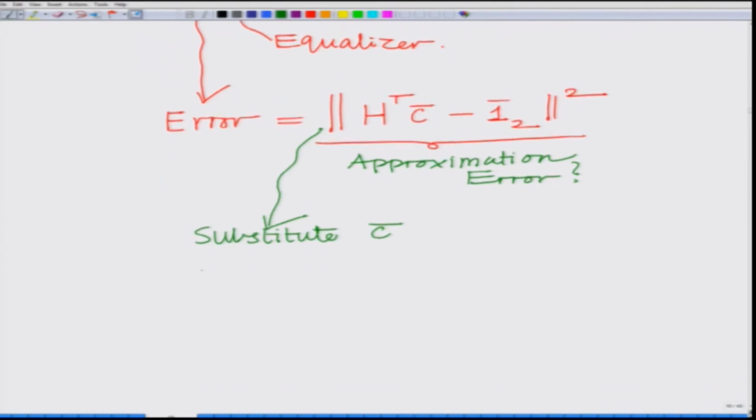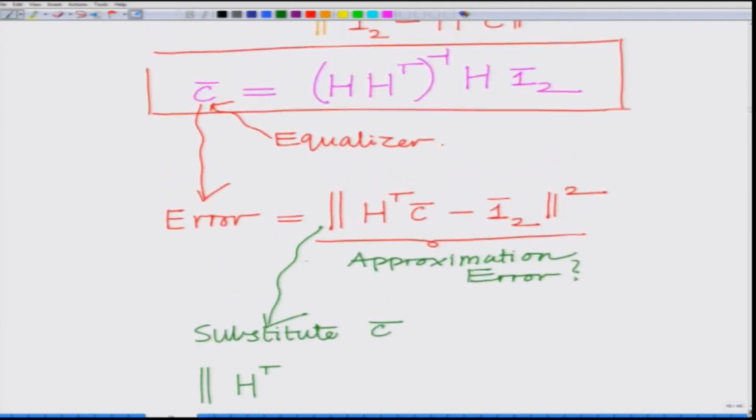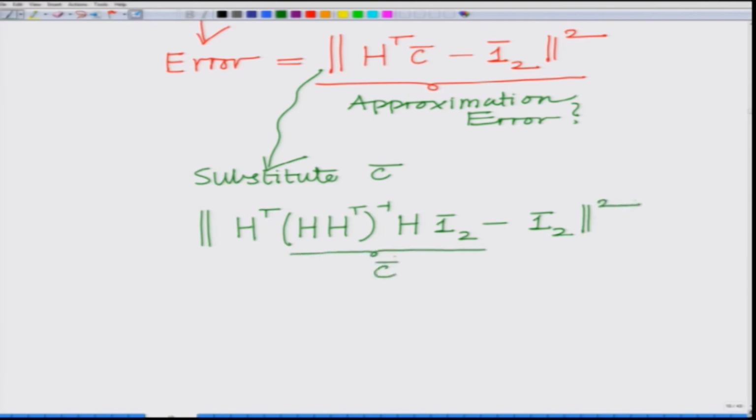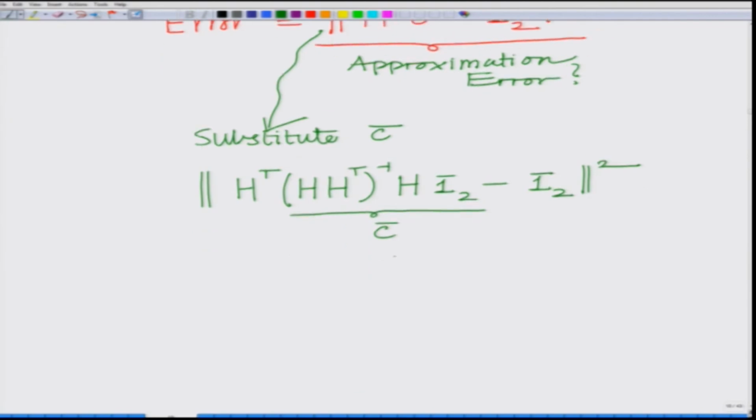We get the norm of H transpose C bar, but C bar, as we have derived above, is H transpose inverse H times the vector 1 bar 2. So, this is the norm of H transpose inverse H times 1 bar 2 minus this vector 1 bar 2, whole square, where we have substituted the expression for C bar from above.